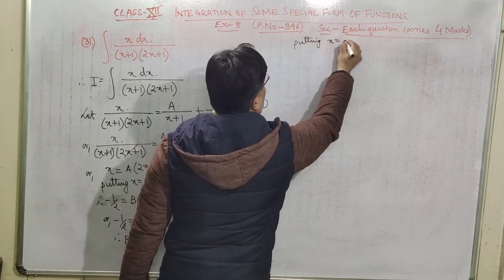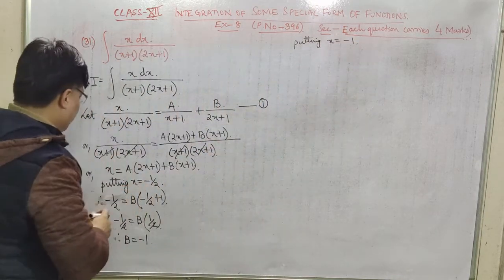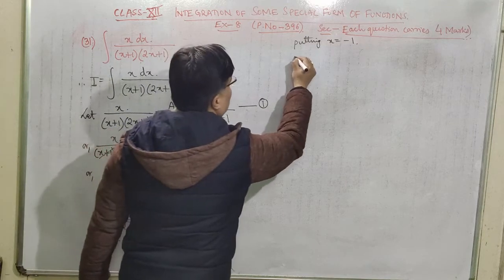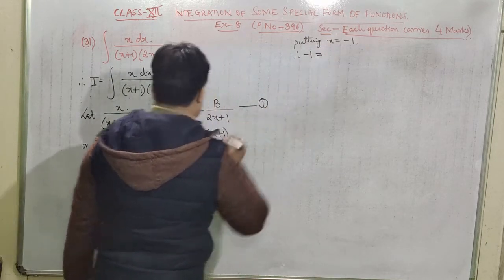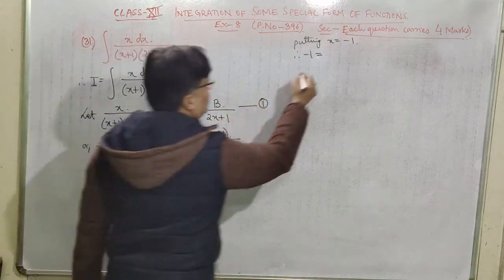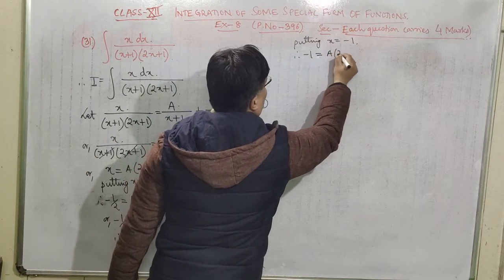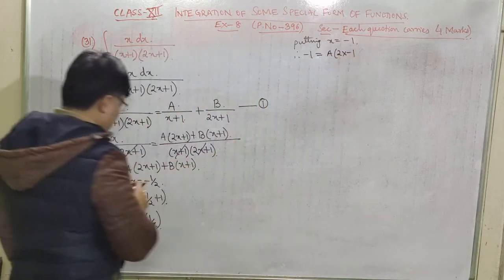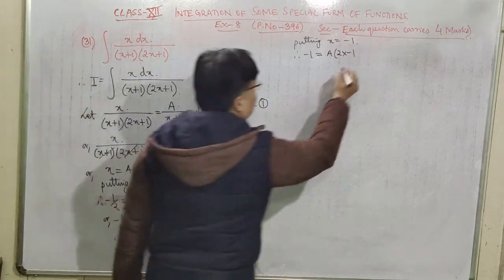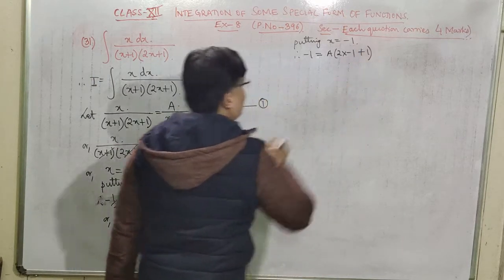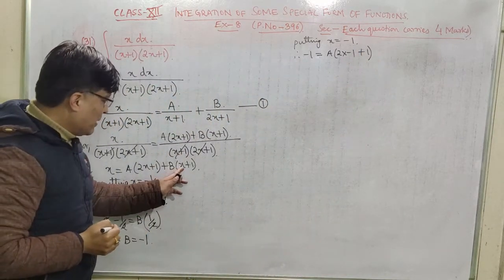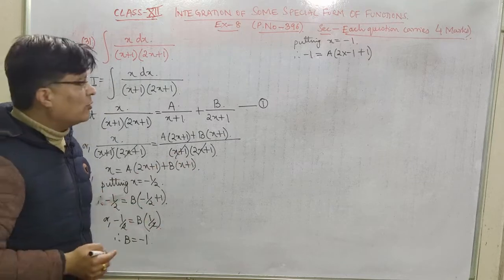Putting x is equal to minus 1, what do we get? Instead of x, you put minus 1 is equal to a into 2x, which is 2 into minus 1, plus 1. And this minus 1 plus 1 is 0, b into 0 is 0, right?